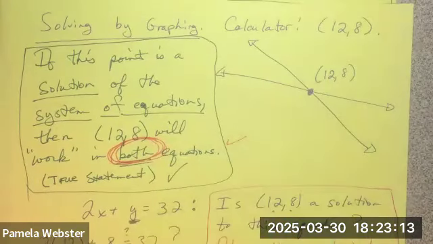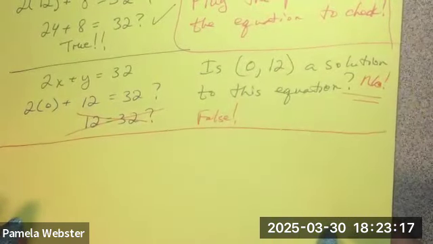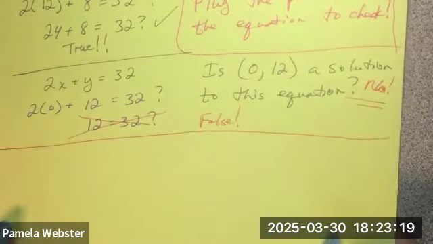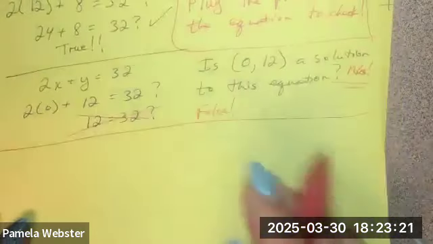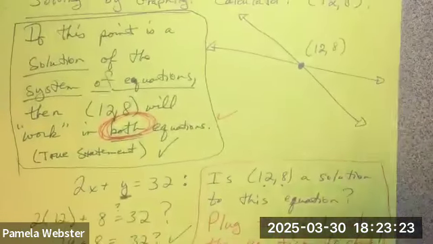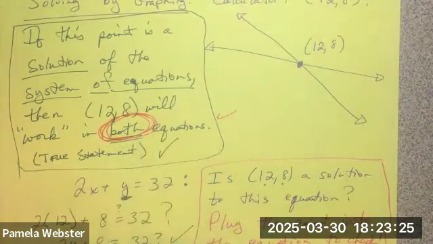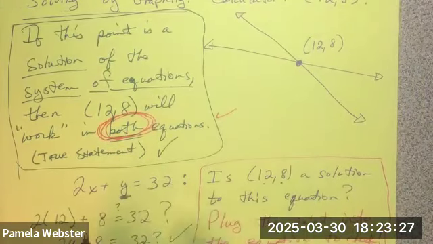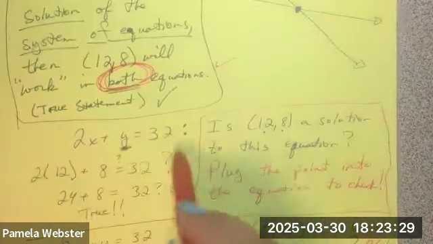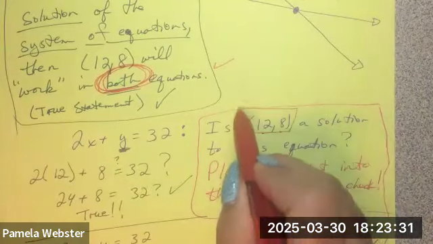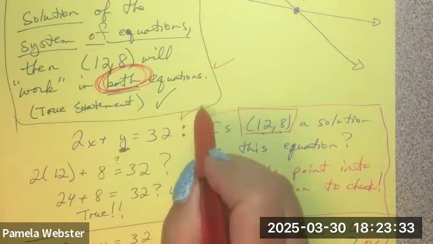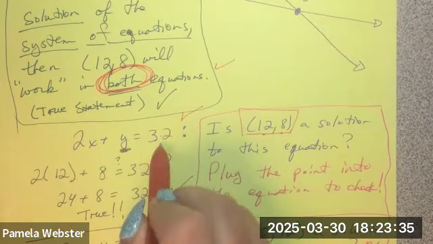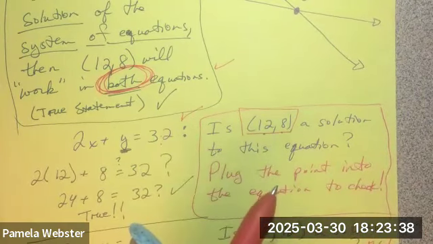Now, if they had said, is (0, 12) a solution to the system of equations? You would say no, because it doesn't work in one of the equations, so it doesn't matter if it works in the other one. If you find one false statement, then you're done. But here, for (12, 8), it did work in this equation. So because it worked in one, I do need to check the other.